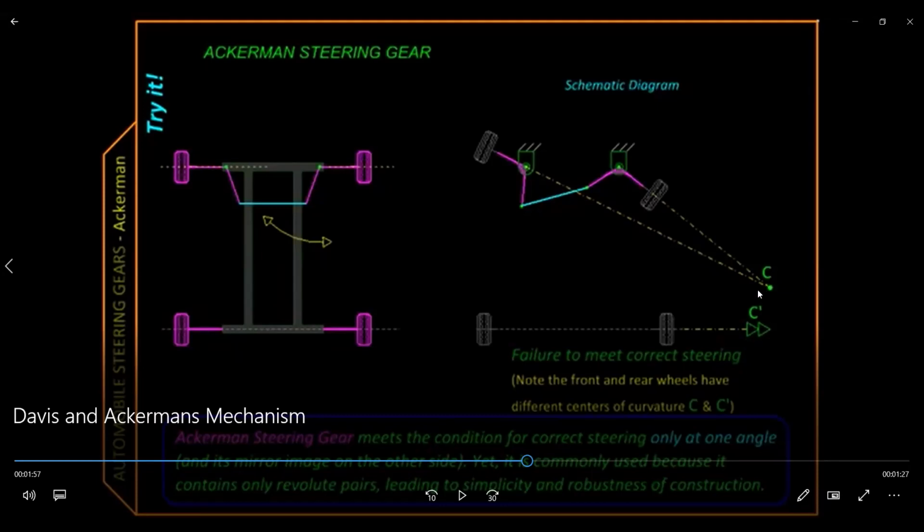Means these two ICRs are not coincident, and because of that, the Ackerman steering gear mechanism does not satisfy the condition of correct steering at all the turning angles. It will satisfy the equation at only 3 turning angles, which we will discuss. Okay, so this condition is not satisfied at every angle.